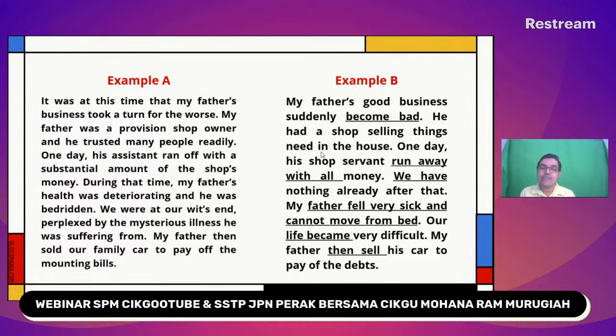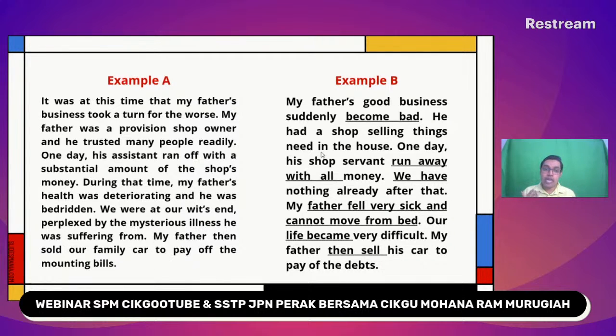One day, his assistant ran off" with a phrasal verb again, "with a substantial amount of the shop's money." So I didn't use a lot of money, I used a substantial amount of the shop's money. I'm going specific.